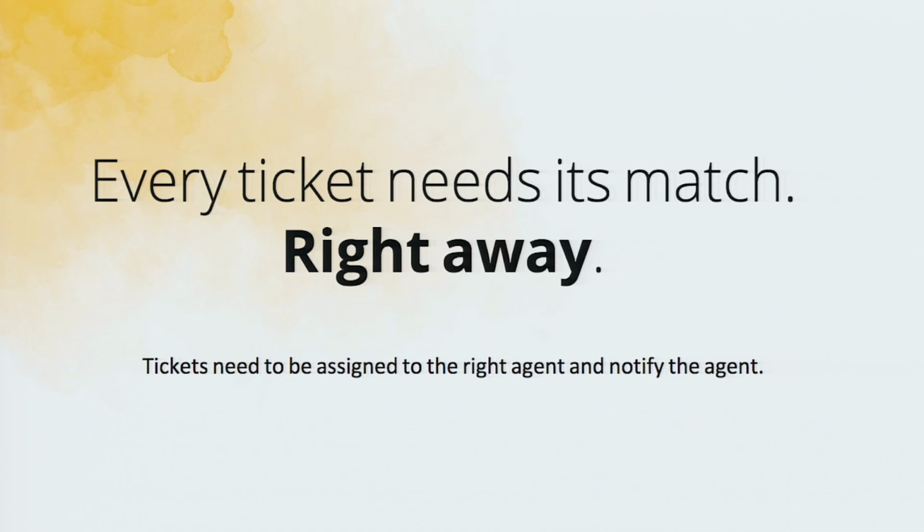And it never hurts to confirm that the person to whom the ticket has been assigned knows about that, so you can notify the agent. This way, when a ticket is inside the system, it assigns the ticket to the right person, and it will also notify that person that there's a new ticket assigned to their name. You can go ahead and start working on that.